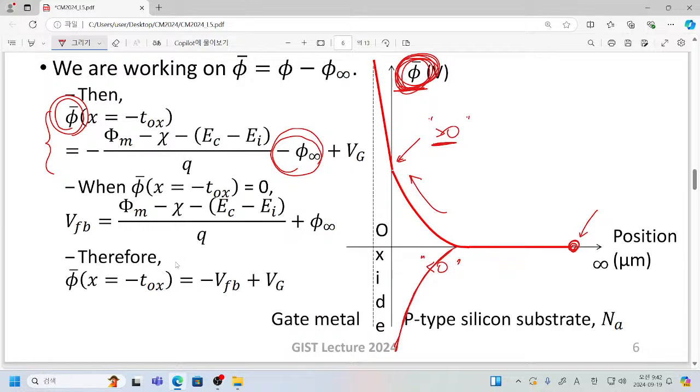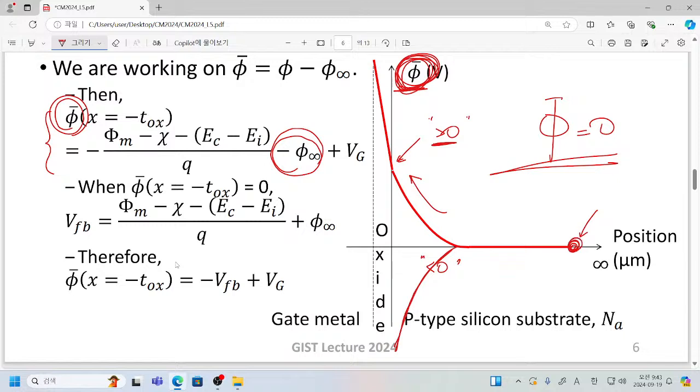Then naturally we can ask ourselves, how about the boundary between upward and downward? If phi bar equals 0 everywhere, it means that there is no bending at all.